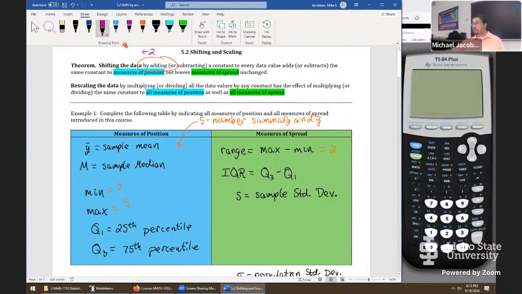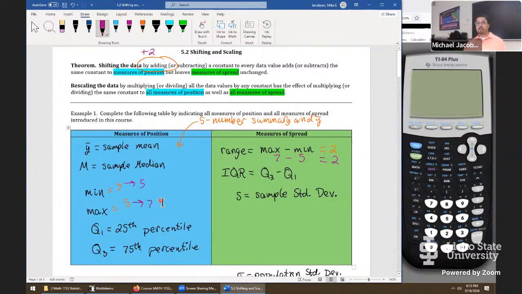Add 2 to every single observation. Minimum here is now 5. Maximum here is now 7. Oh, I did it backwards. I did the minimum minus the max. I feel like I'm going in order, smallest to largest. Maybe that's what's going on in my head. But somehow, it's still just a 2. The critical thing is we had to have added 2 to every single data value in the data set.